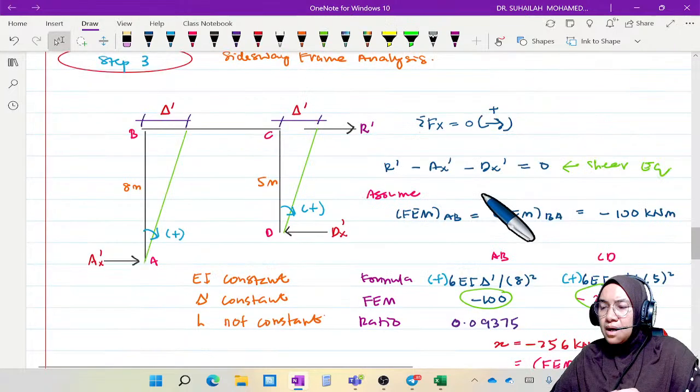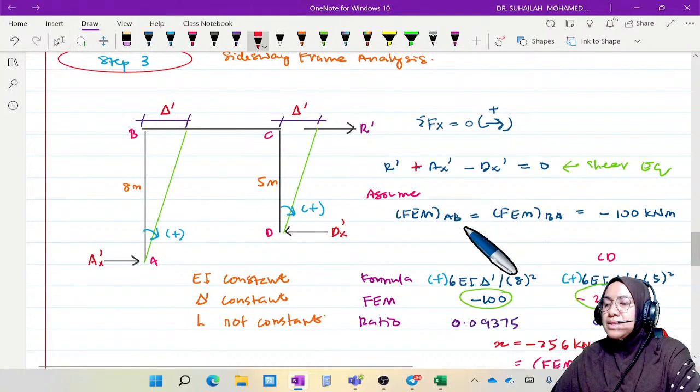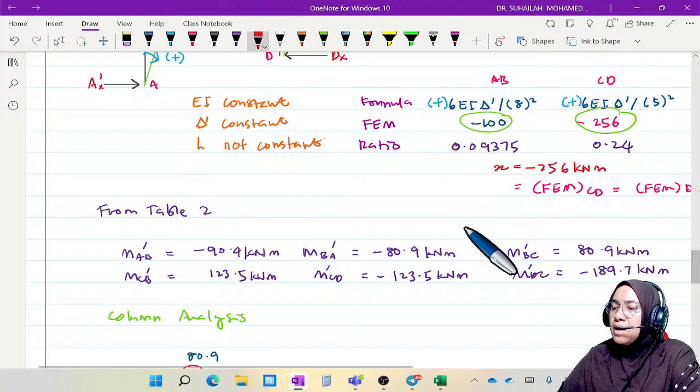R, AX is plus. R prime is plus, AX also plus, minus DX. So R means AX minus DX.